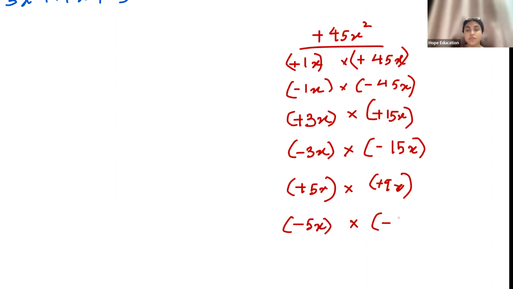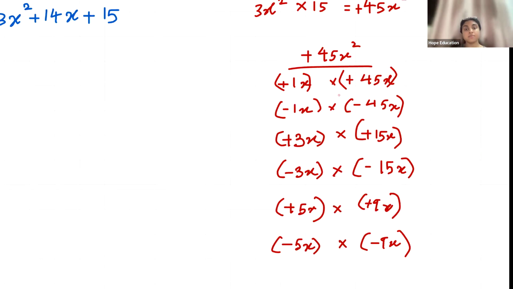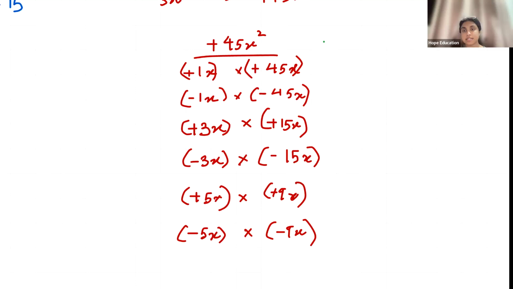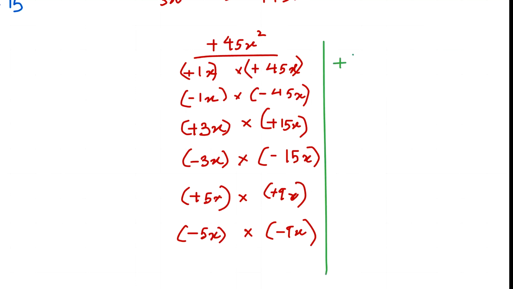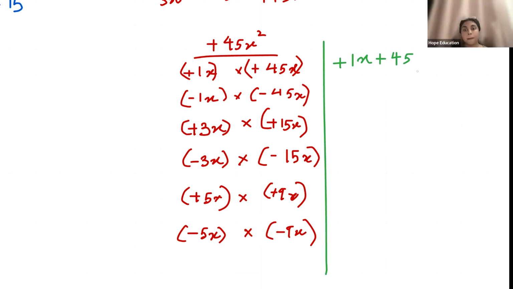Now, for all these methods, we are going to see what happens when we add them, right? Same thing that we learned last week. Plus 1x plus 45x, we get plus 46x. Minus 1x minus 45x, we get minus 46x. Plus 3x plus 15x, we get plus 18x.